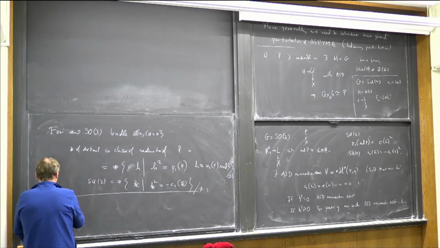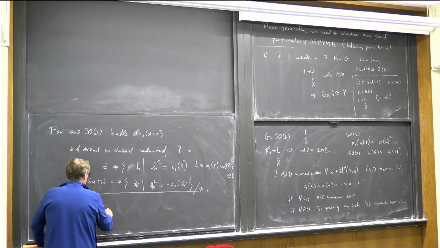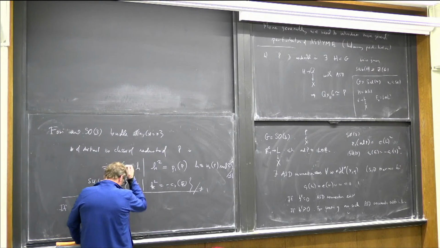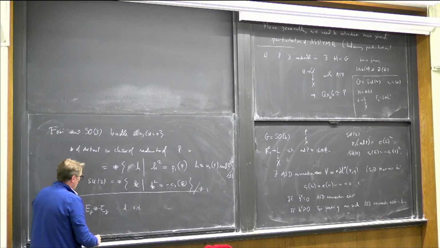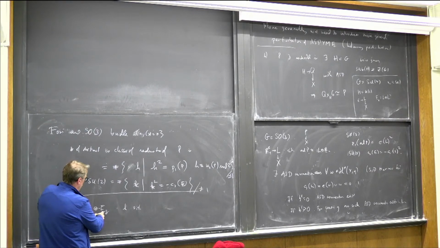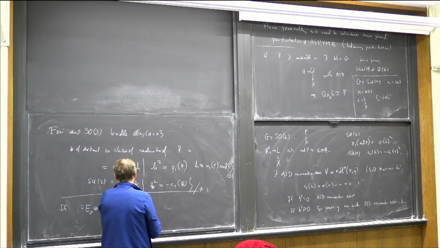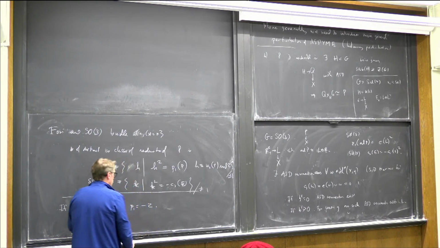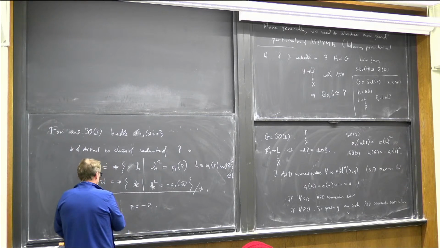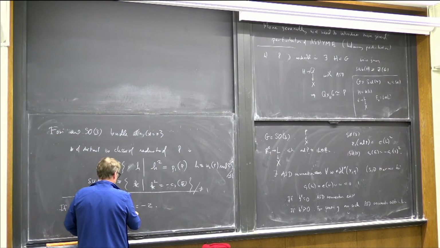The thing to notice is that if you look at, say, minus E8 plus minus E8, and you pick a class H, let's take P1 to be minus 2.